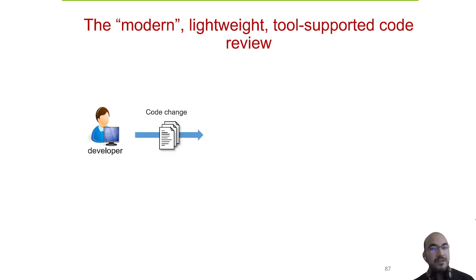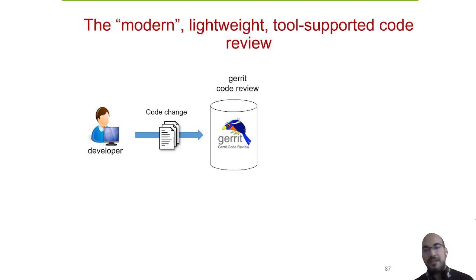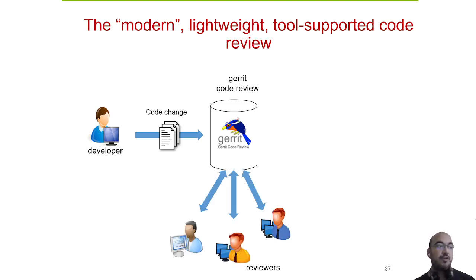But before this code change even reaches the code base, it has to go through the modern code review process, where we have a bunch of developers that also serve as reviewers of this code. And one or multiple of these developers are assigned to review that code.